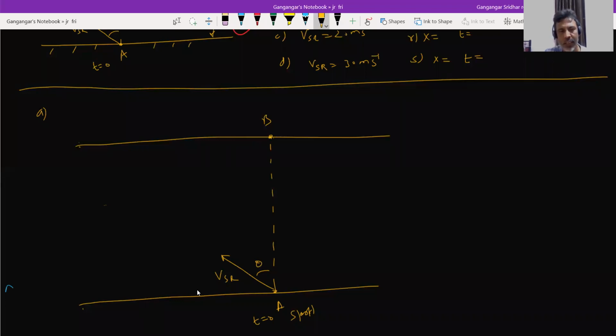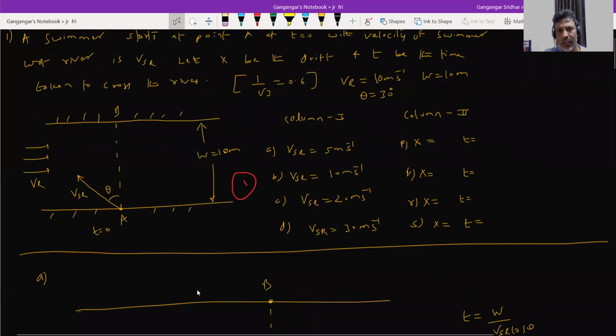First we'll go for the time taken to cross the river. Anybody, the formula? W by VSR cos theta. Is it okay straight away? We do have all the things, W, VSR and cos theta.